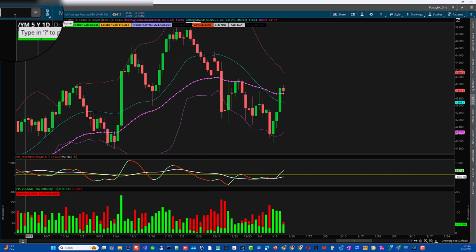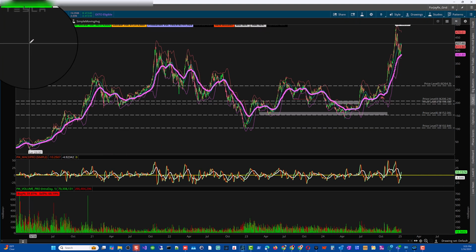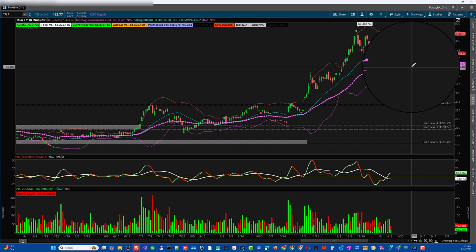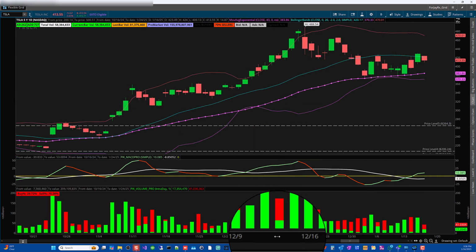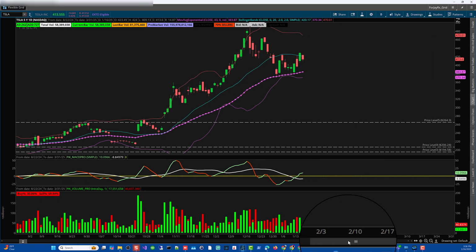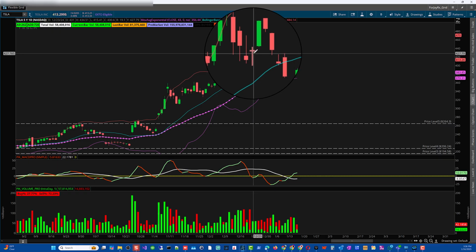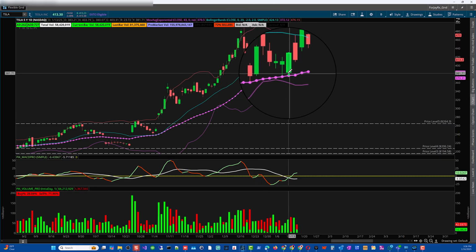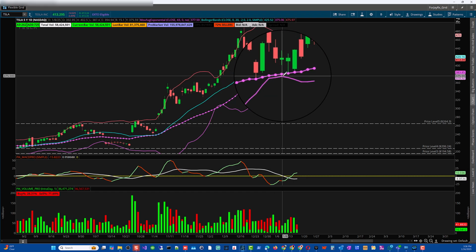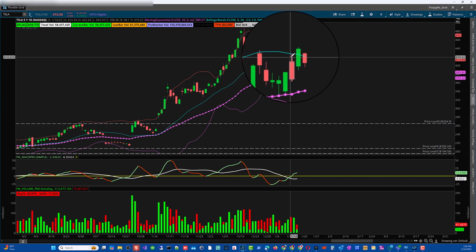Let's look at another one. Let's see what happened with Tesla. All right, so Tesla on a daily chart, you had some highs up here. Slowly it went down, up, down, and remember, the RAM indicator held it in for support.